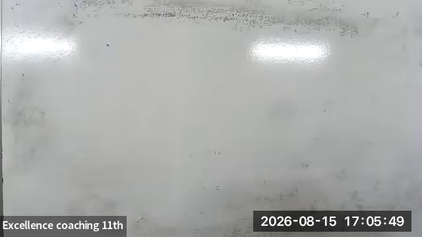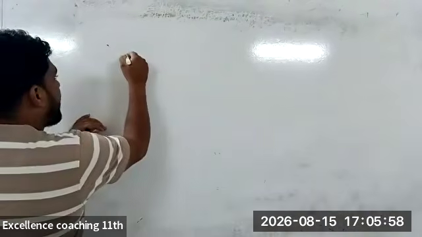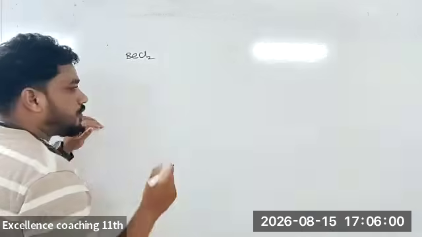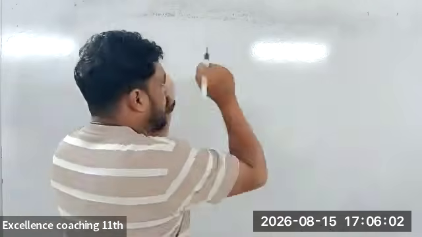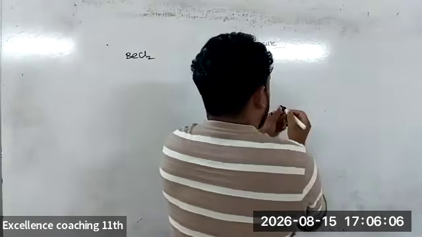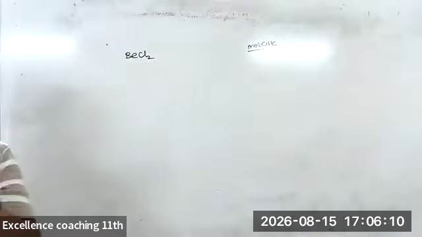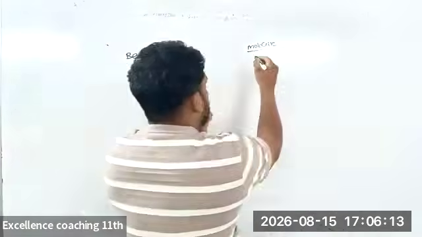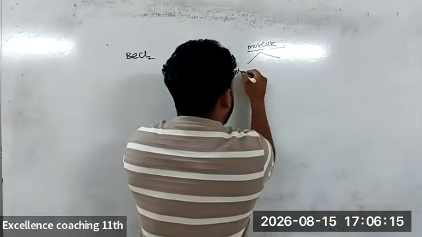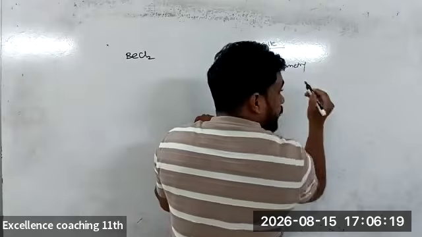So the first example I will take is BF3. Very simple example, BeCl2. Students, whenever we discuss any molecule and its structure, two things are important: one is shape and the other is geometry.